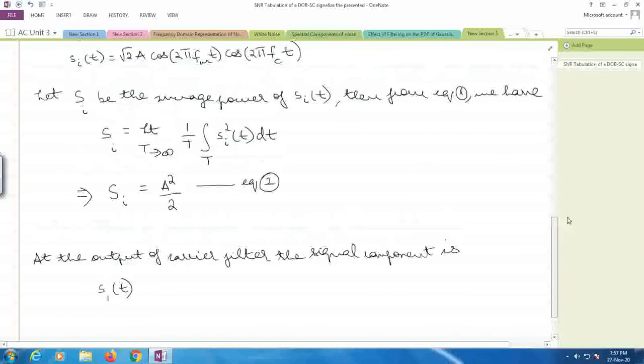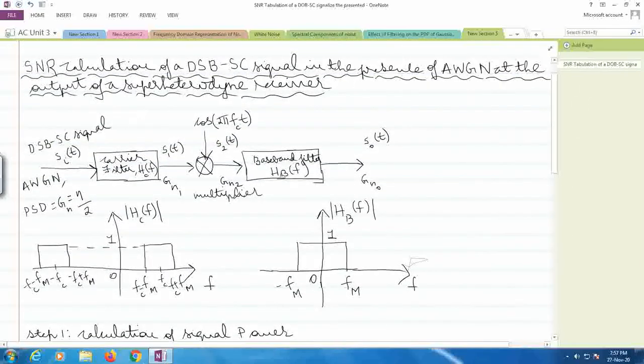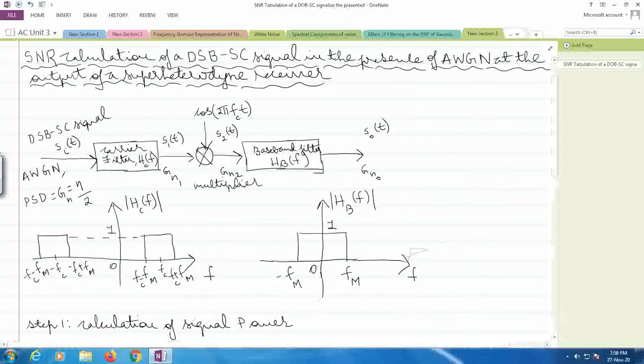Now if we just go back and see, S1 of t is the signal available at the carrier filter, and we obtain S1 by processing Si of t. So now we have a DSB SC signal. Si of t is basically a DSB SC signal, and it extends from fc minus fm to fc plus fm, and the magnitude is 1. Alright, so it is going to pass through the carrier filter unaltered. I hope everything is clear so far.